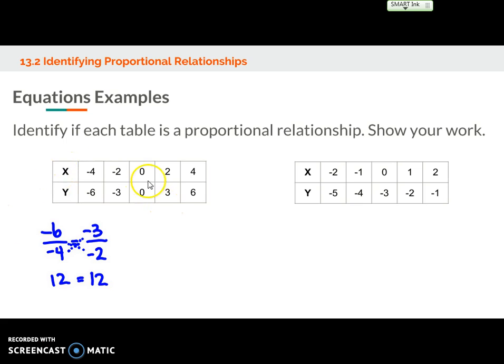I'm going to add in 0, 0. All right, so I added a different color so you can kind of see what I'm doing. I took -3 over -2 now, and I set it equal to 0 over 0. -3 times 0 is 0. -2 times 0 is 0. Now I'm going to keep going.